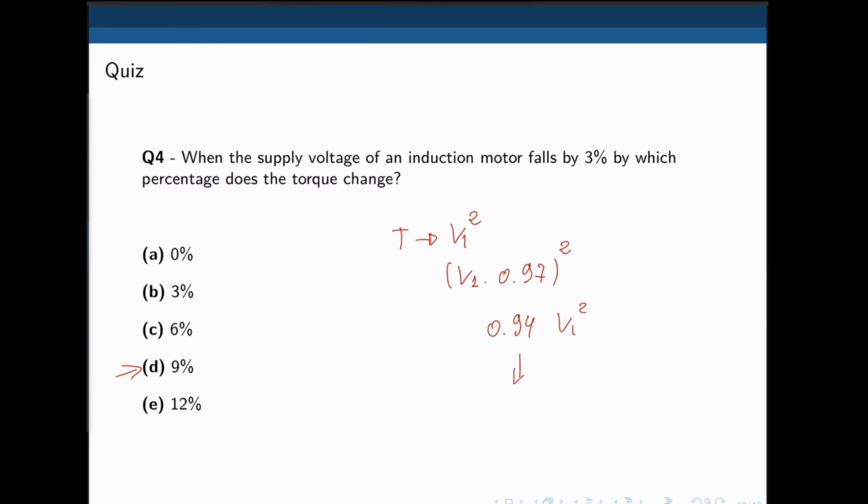So that is 1 minus 0.94, 6%. So it would drop by actually 6%. Your reasoning is correct. It would depend on the square of the voltage, but it's actually 6% relative to the original torque. Okay, this is a tricky one. I'm not going to give you this sort of questions on the final.